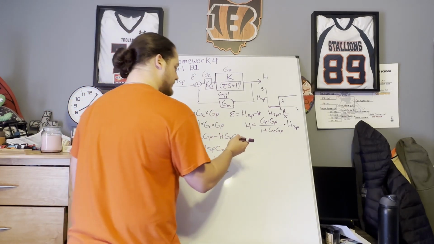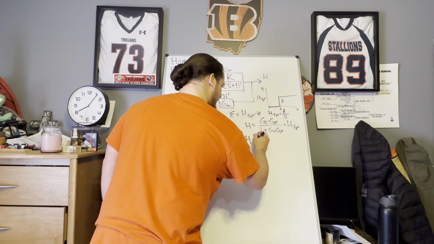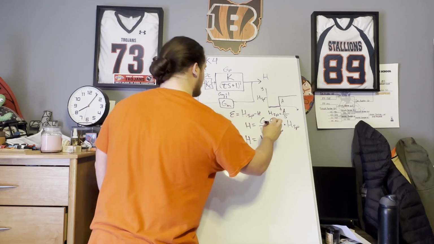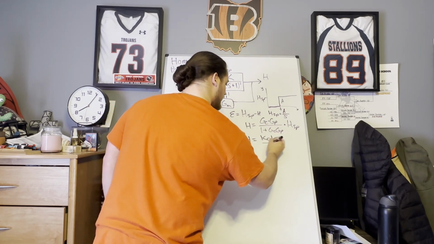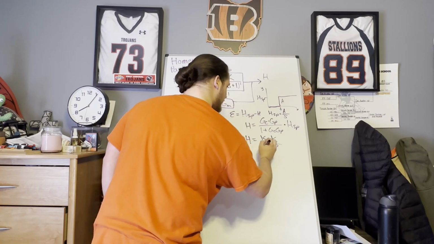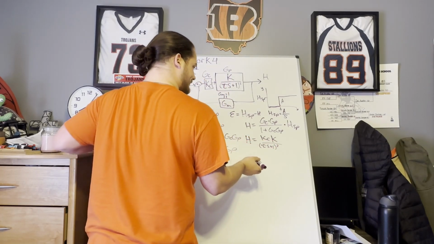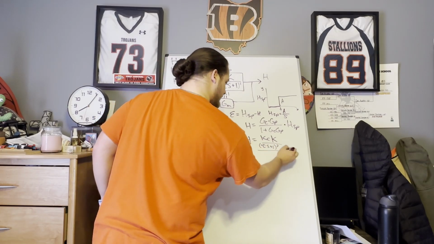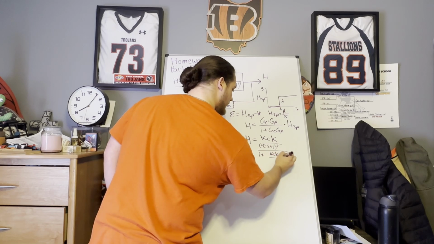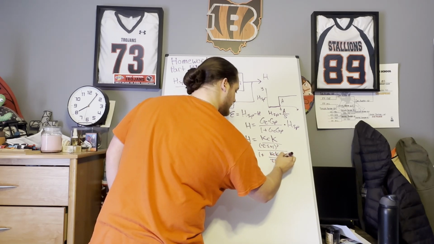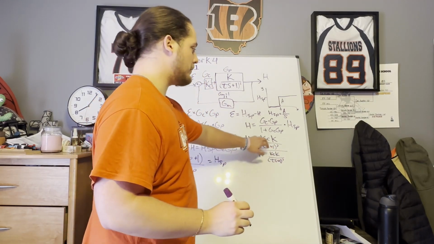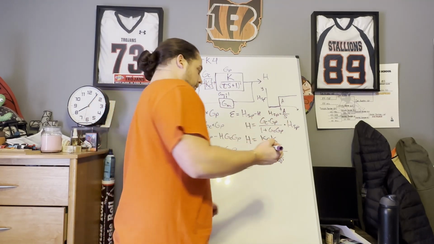Doing so gives us that our height is going to be equal to our GC, which is KC, our GP, which is K over tau S plus 1 cubed, and then this will be over 1 plus KC K over tau S plus 1 cubed. And then this term here will be multiplied by our A over S.